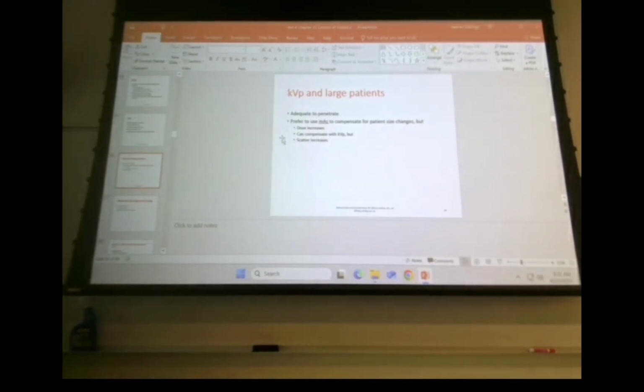So what we know about kVp is that as kVp increases, we are more likely to have a Compton interaction, right? So with your larger patients, what do you not want to do? Well, again, the thickness of the tissue in a hypersthenic patient is going to give us more scatter radiation. And what does kVp give us? More scatter radiation. So our technical factor of choice there is mAs.